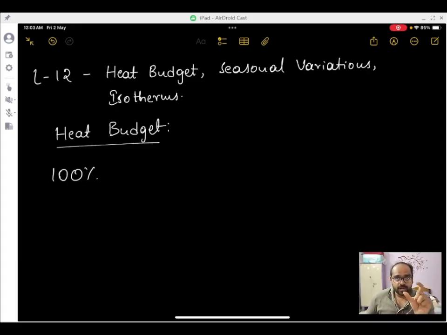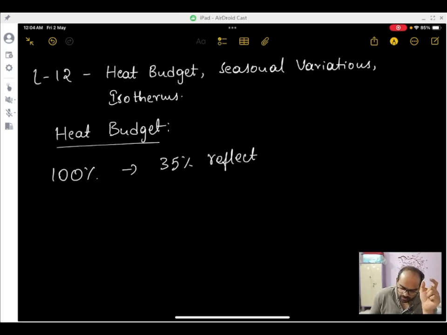Out of this 100%, 35% are reflected. Even before entering our Earth's atmosphere, 35% of incoming solar radiation is reflected.